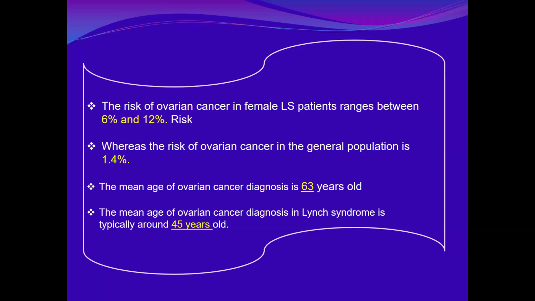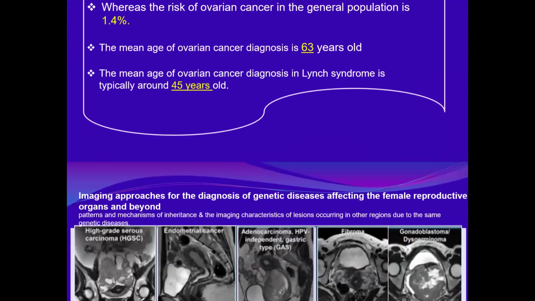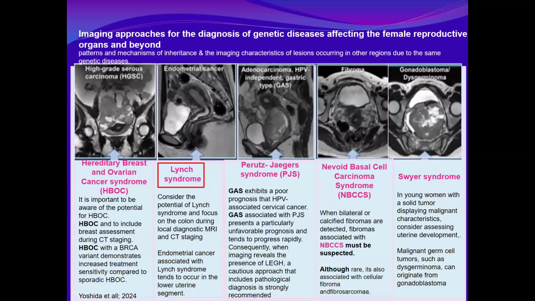The mean age of ovarian cancer in general is 63 years, but in Lynch syndrome it will be at a younger age, with a mean of 45 years.